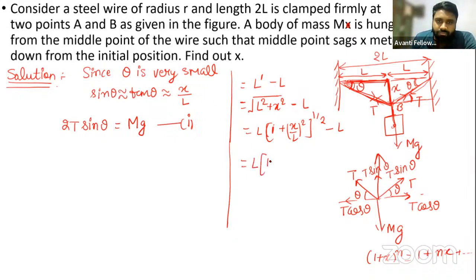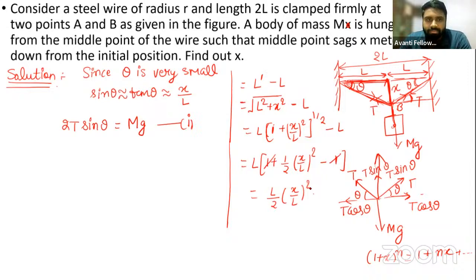So L into (1 plus 1 by 2 times (x by L) whole square) minus 1, because L I have taken common. This 1 will cancel out this one. So we have L by 2 (x by L) whole square. This is the value of the elongation.